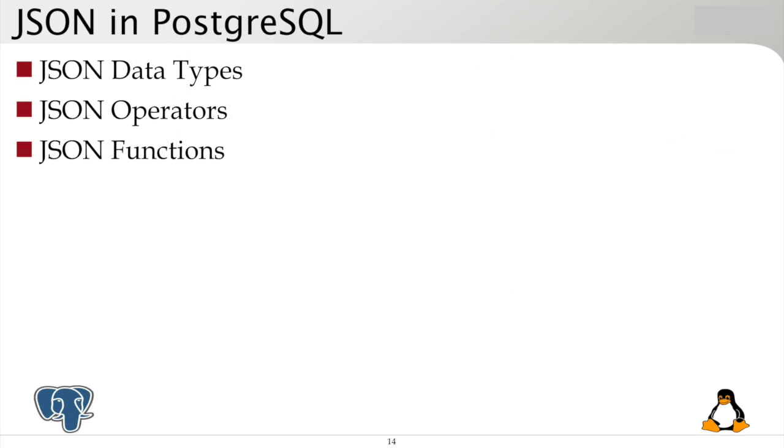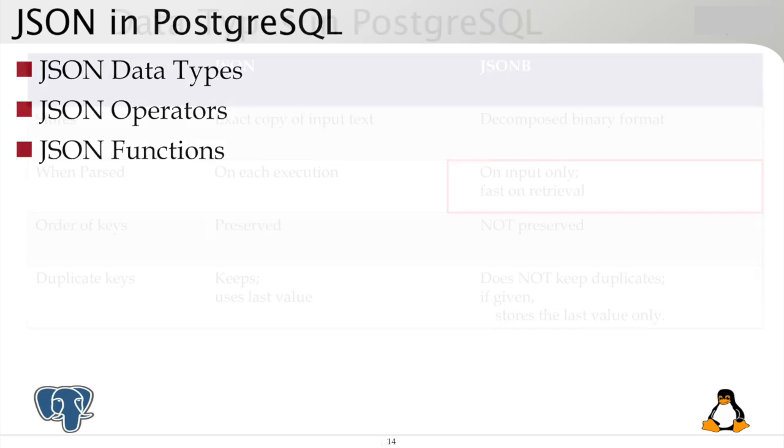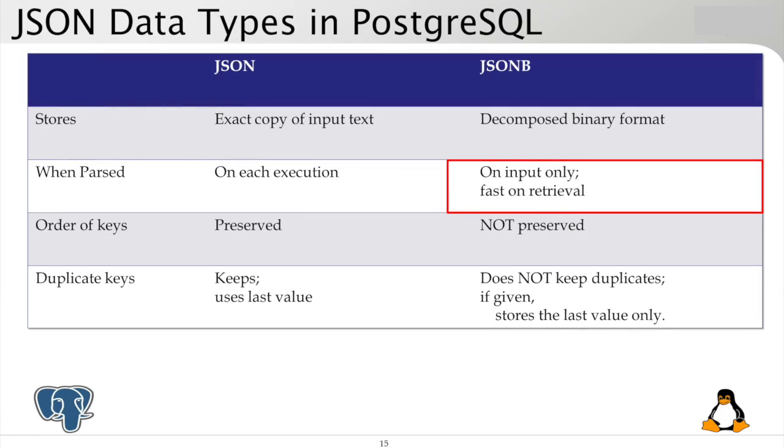So particularly for the Postgres database, we want to know how it implements the JSON and what kind of operators and functions are there. So Postgres implements 2 JSON data types, as you can see in this table. One is called just JSON, and the other one is called JSONB. They are basically identical, and the main difference is that the JSON data type stores an exact copy of the input, and it gets parsed each time it gets accessed.